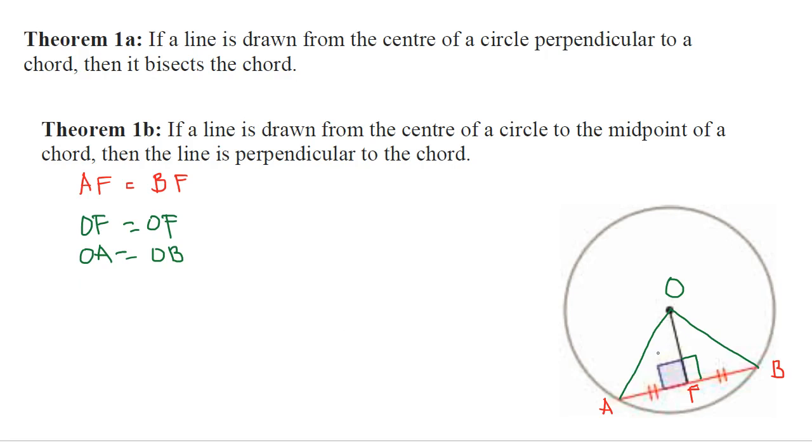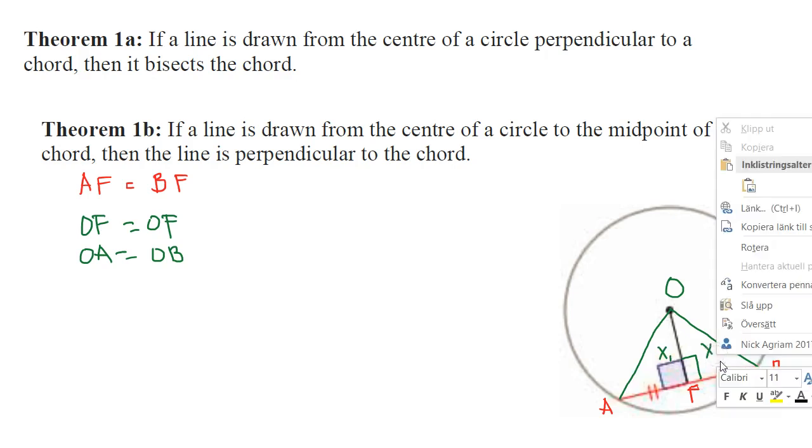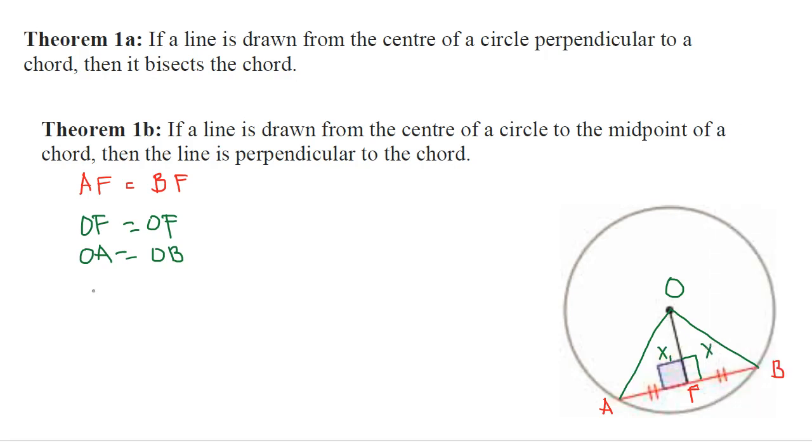If we call these X sub 1 and X sub 2, then angle X sub 1 is equal to angle X sub 2. Both are 90 degrees.